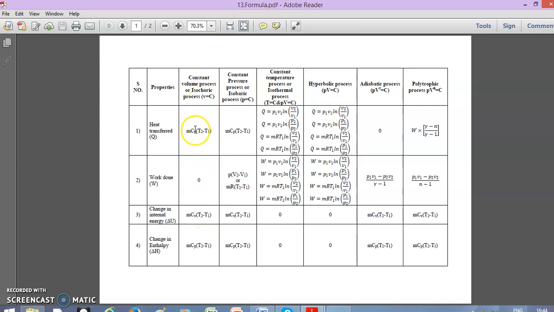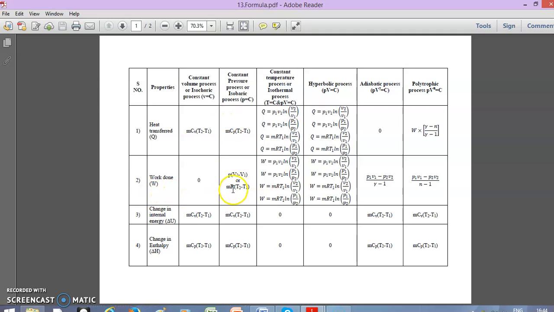For a constant pressure process, heat transfer is m Cp (T2 minus T1). Cv is the specific heat at constant volume, and Cp is the specific heat at constant pressure.